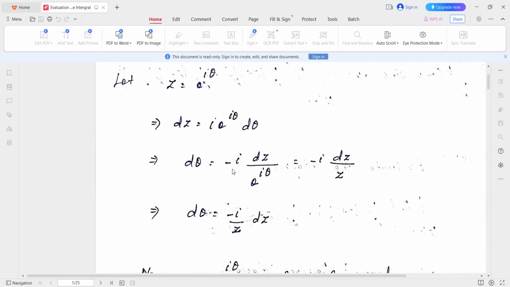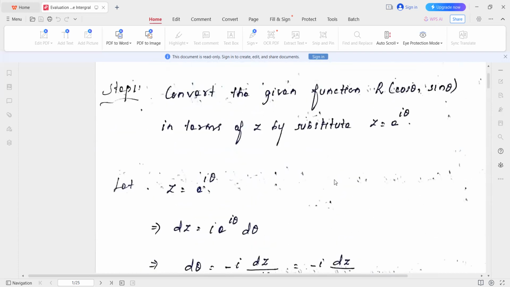Since we took e power i theta as z, d theta is equal to minus i dz by z. So the value of d theta in terms of z is minus i by z into dz.